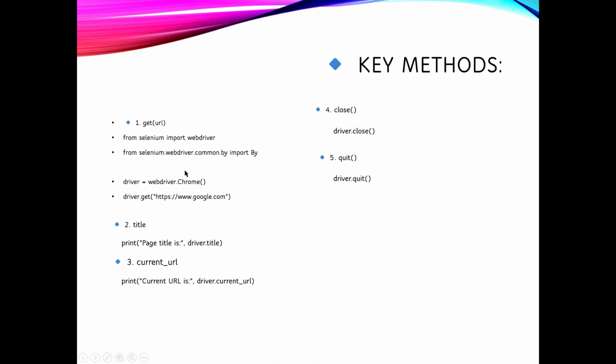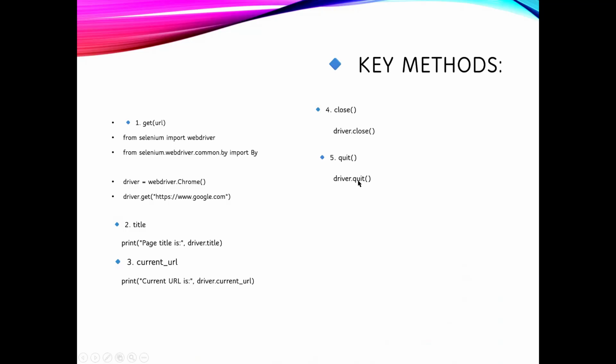This is navigating to the URL, and for the title you can simply use driver.title. That's it. You can print it. If you want to get the current page URL, you can print driver.current_url. This is the method. And if you want to close the browser or the current tab, you can use driver.close. If you want to close the entire browser, driver.quit.